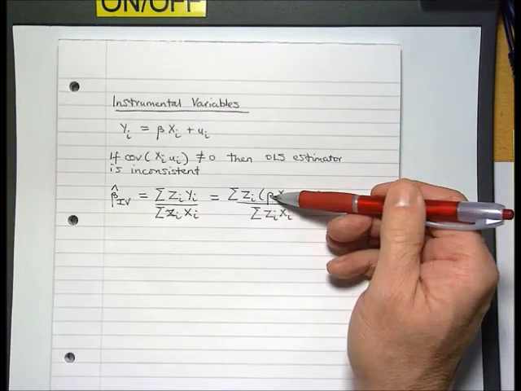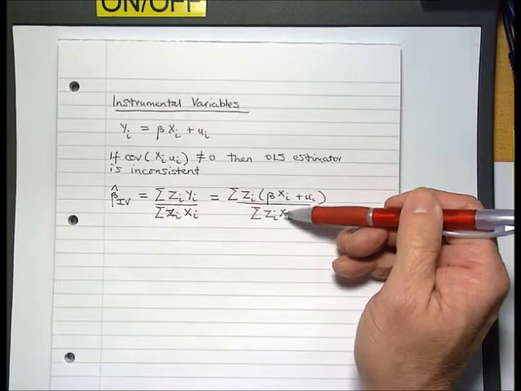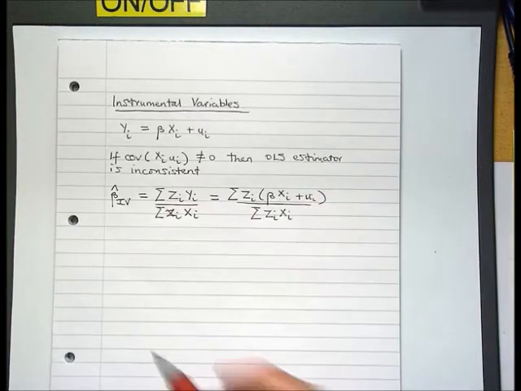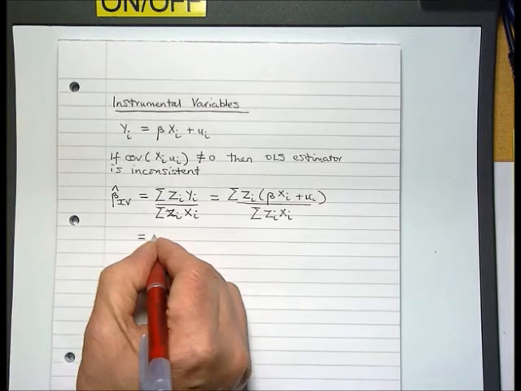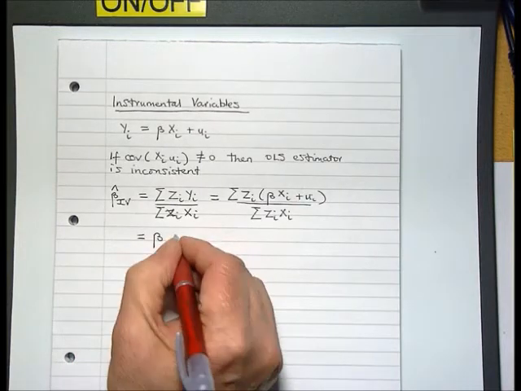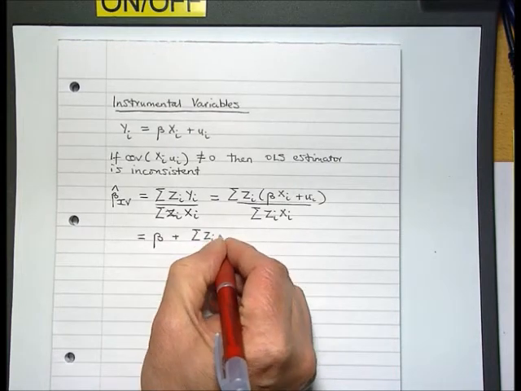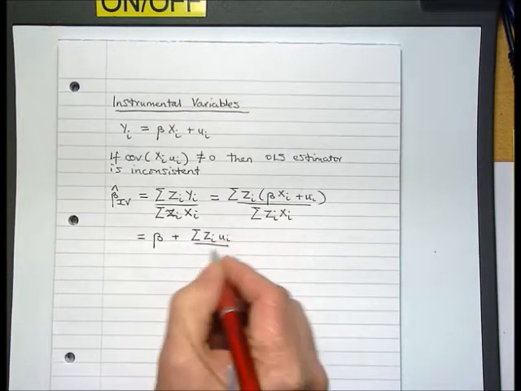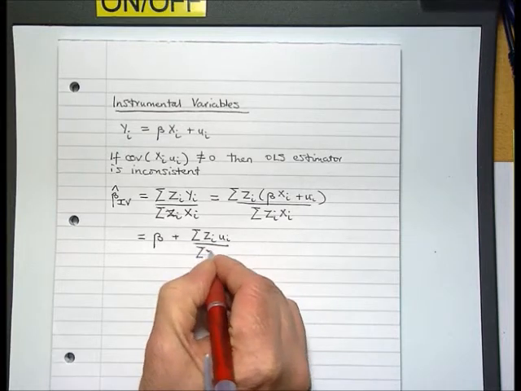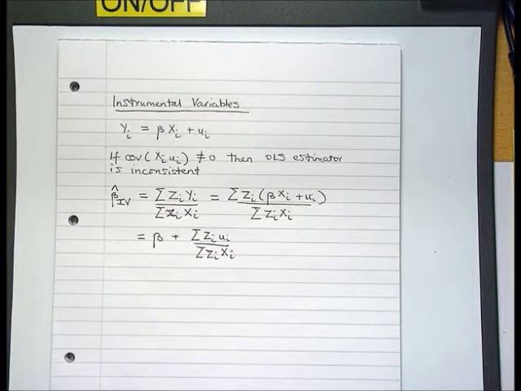Now if we multiply this out, you'll see that the first term is going to be beta, which is a constant, multiplied by the sum of zx divided by the sum of zx. So the first item is just going to be beta here, and then the second item is going to be the sum of zi times ui divided by the sum of zi times xi.